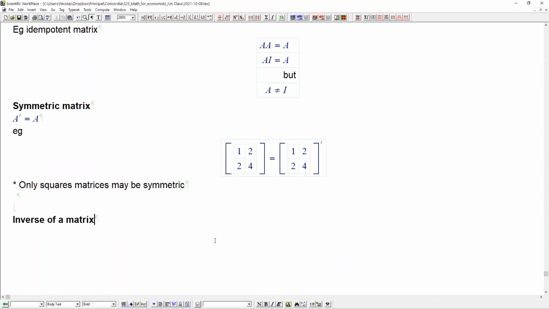As I've said before, in matrix algebra, division is not defined. But what we can do is multiply by the inverse.